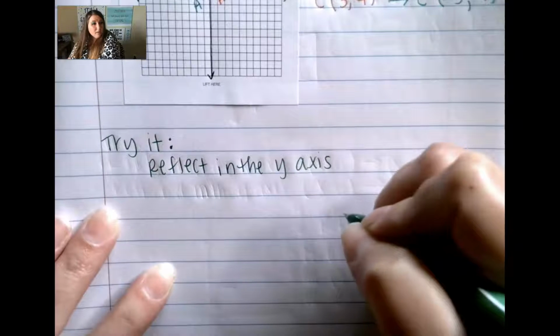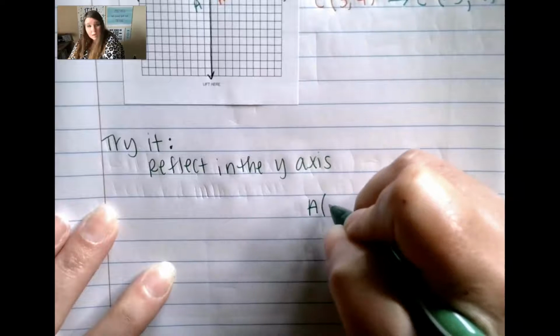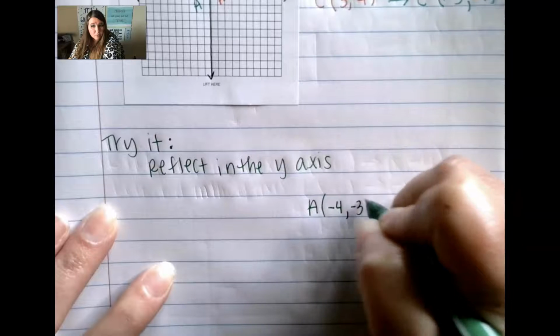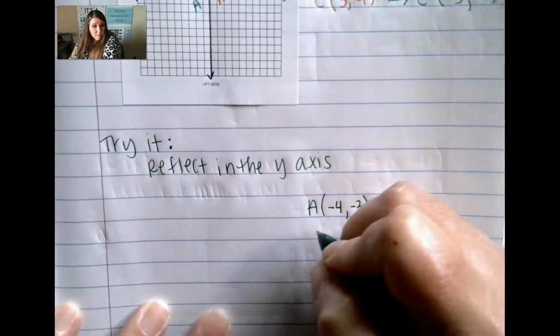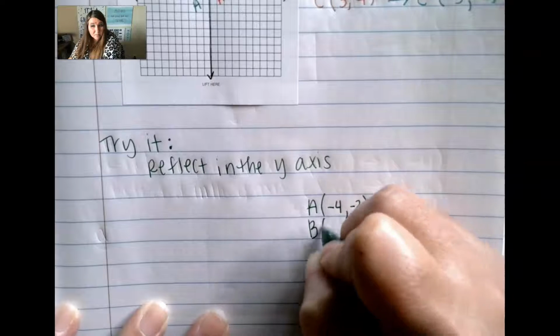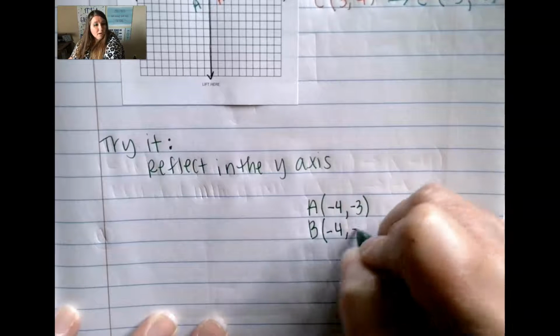And your points are: A is -4, -3. B, ooh, this is a rectangle. That's awesome. B is -4, -1.